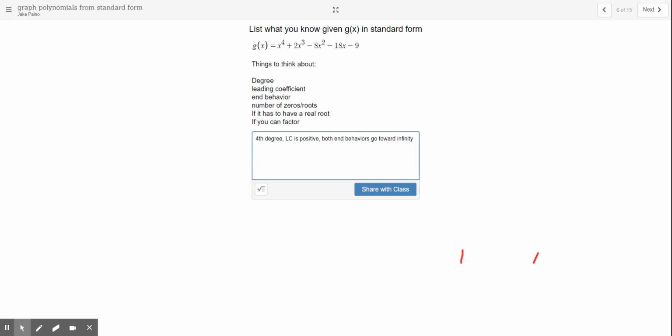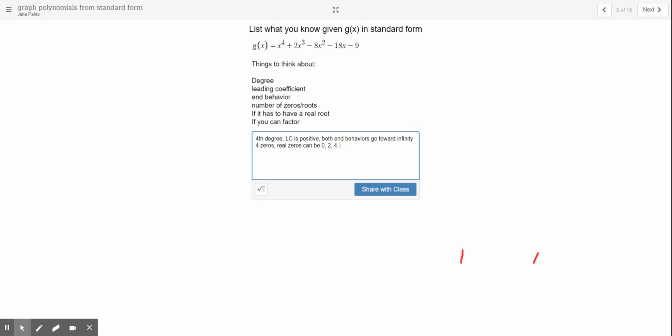Number of zeros: there's going to be 4 zeros. Again, that's just the fundamental theorem of algebra. But we don't know if they're real or imaginary. What are our possibilities? For real zeros, I can have none, so real zeros can be 0, 2, or 4.